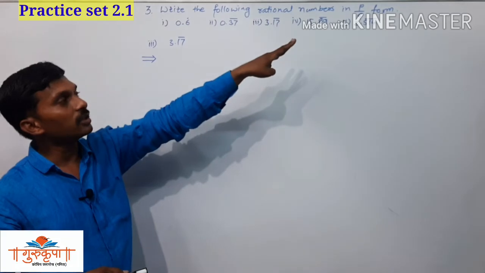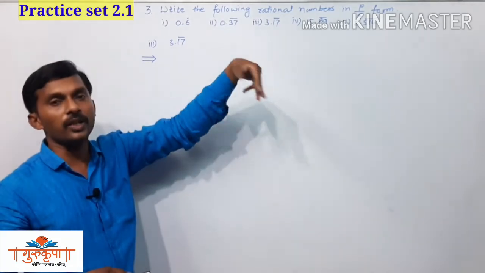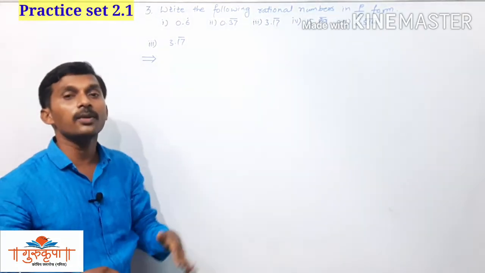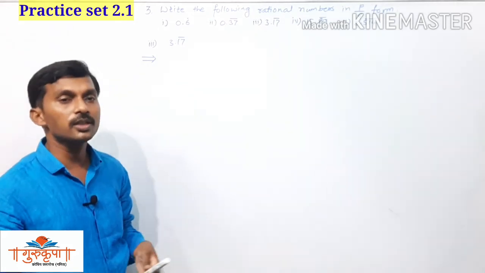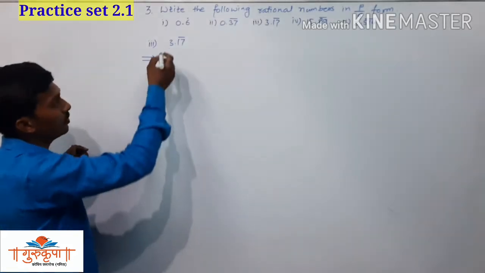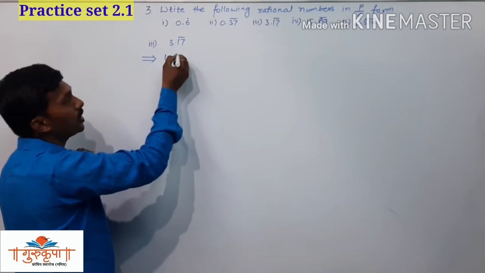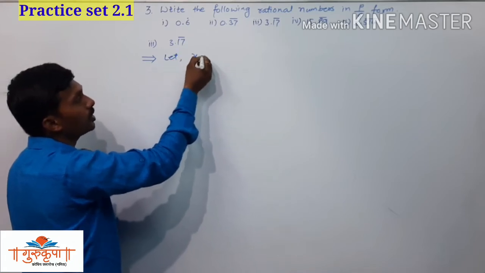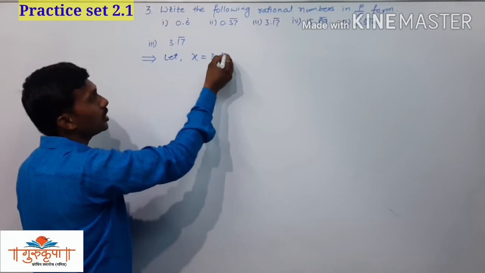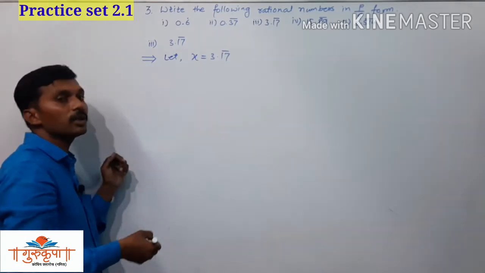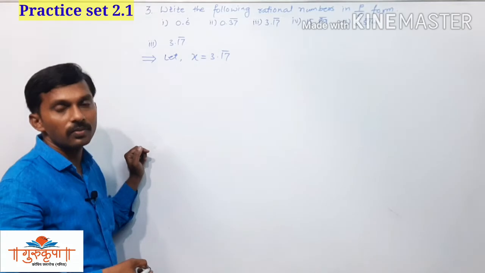You can easily simplify the third and fourth example also, and fifth also. Since there 3 digits are recurred, we have to multiply both the sides by 1000. It is too easy. Here we will take the third example. In the first step, we have to represent the given decimal form by using a variable, that is x is equal to 3.17.